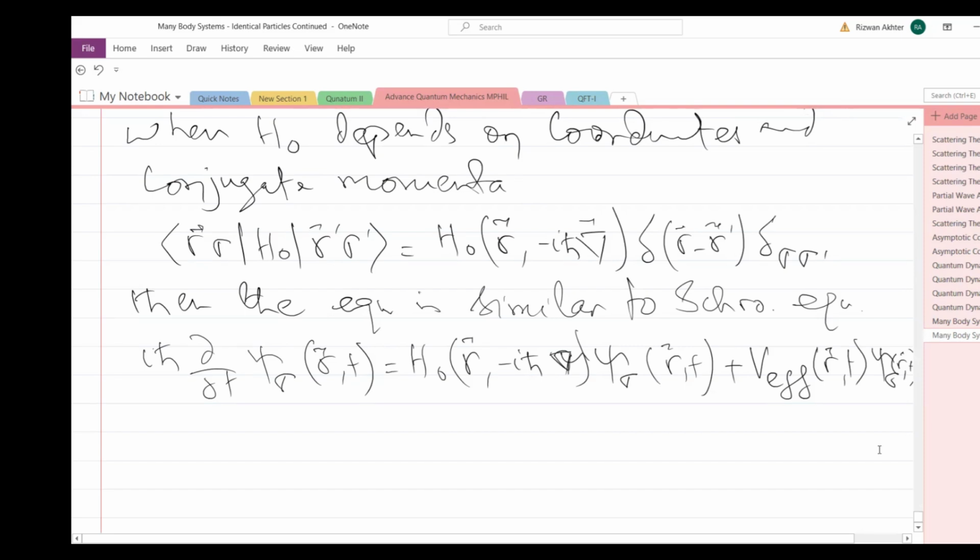So v effective depends upon psi sigma itself. And obviously this is again an indication that the equation is non-linear. This equation for a multi-particle system where interaction is involved is exhibiting some sort of non-linear behavior, that is the interaction of particles with each other. So one could say, however, v effective depends on psi sigma, that is the operator itself.